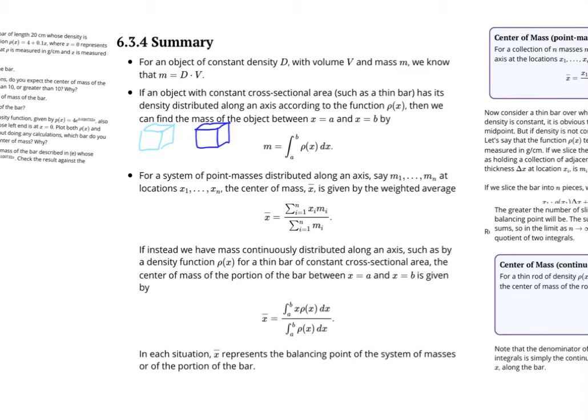If we have mass continuously distributed along an axis, in other words, we're imagining a thin bar as if it were a one-dimensional object with a density function rho of x. Again, constant cross-sectional area. We have this formula involving integrals for the center of mass.